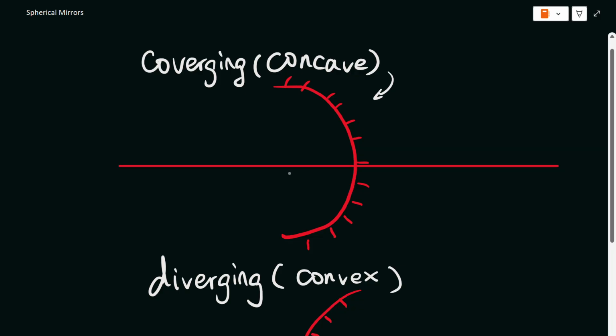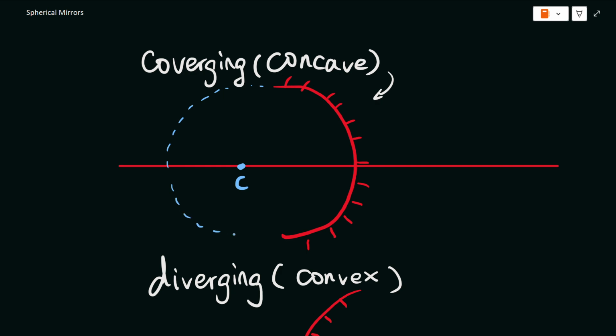First, we will recognize that for each mirror, we have two very important points on this central axis. The first one is the center point, which means if we complete this sphere, this would be the center of the circle.